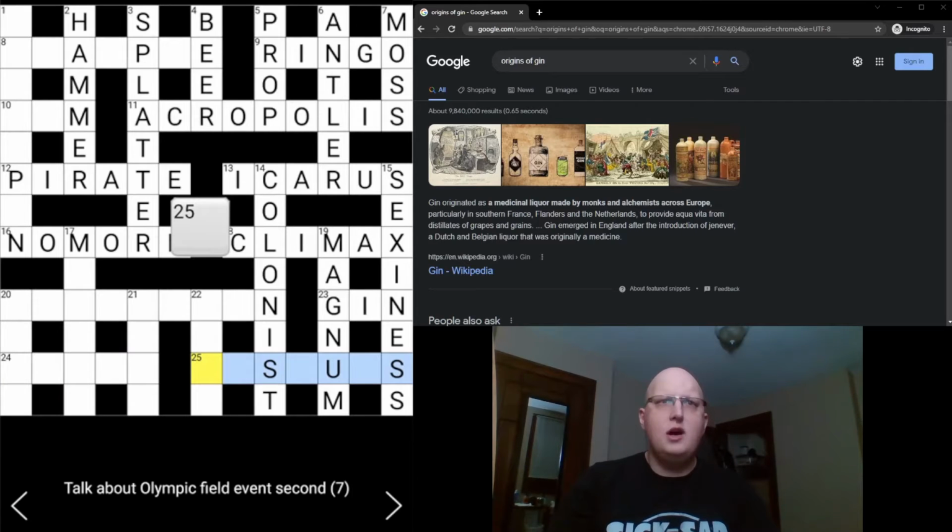Let's keep solving. Talk about Olympic field event second. Talk about Olympic field. So there's maybe a word for Olympic field, and then we put something that means talk around it. Or maybe we rearrange the letters. Let's see if there's any words we can tell from just the letters we already have.